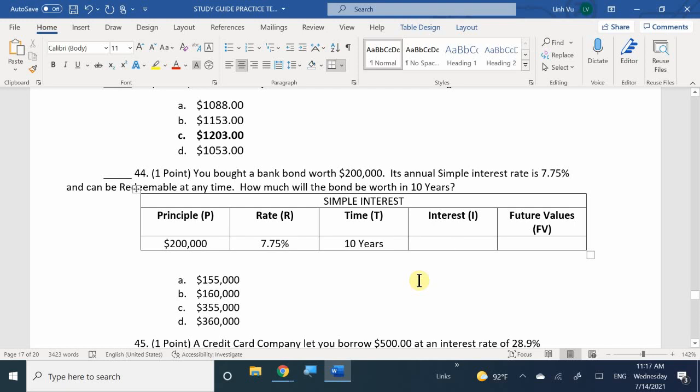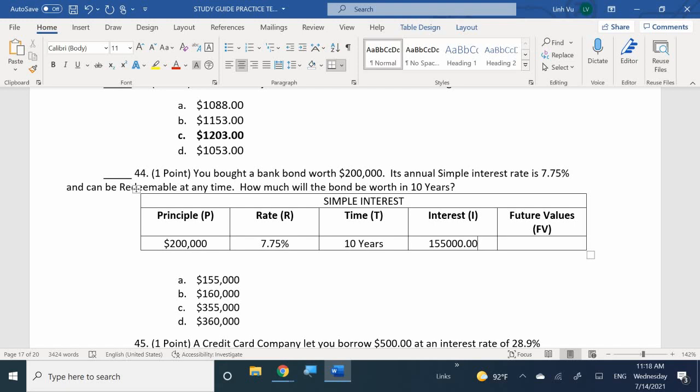I calculated the 200,000 by 7.75%, which gave me 15,500, and then I multiplied the 15,500 by 10 years, which gave me 155,000. Okay, that's how much interest you collected.